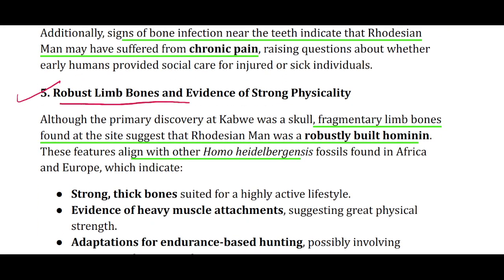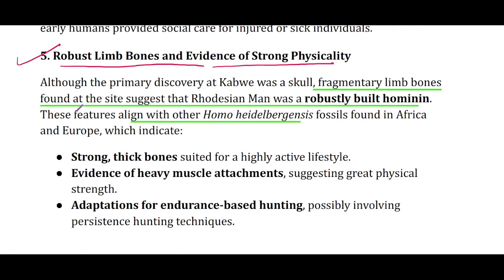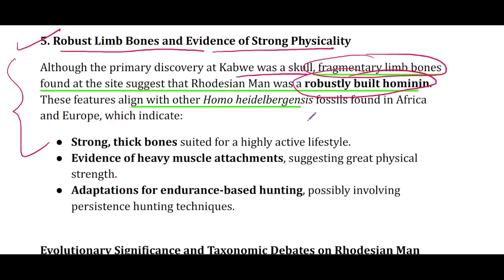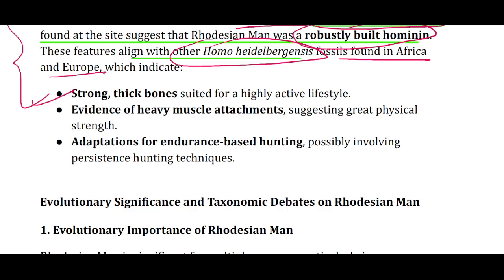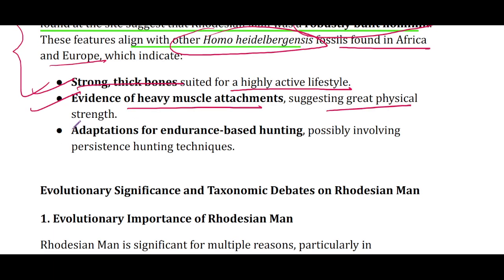Now, as of next feature, robust limb bones and evidence of strong physicality. So, although the primary discovery was a skull, fragmentary limb bones found at the site suggest that Rhodesian man was a robustly built hominin, and these features align with other Homo heidelbergensis fossils found in Africa and Europe, which indicate strong, thick bone suitable for high active lifestyle, evidence of heavy muscle attachment, which suggests great physical strength and adaptation for endurance-based hunting, possibly persistent hunting techniques.